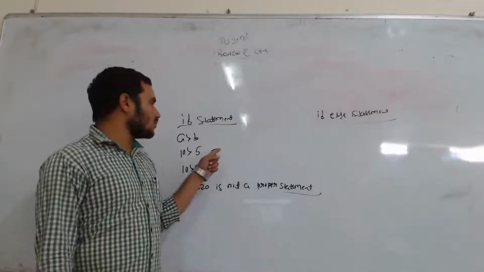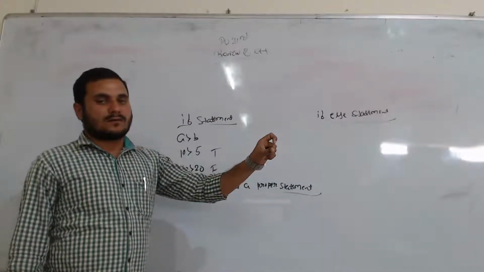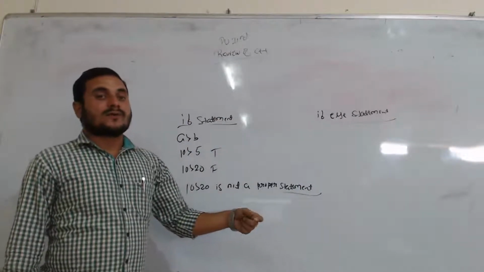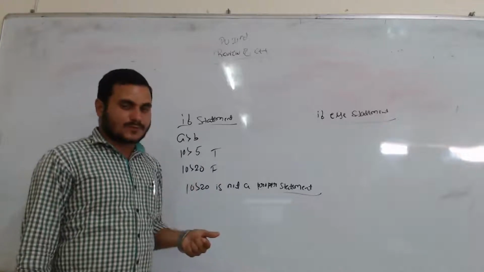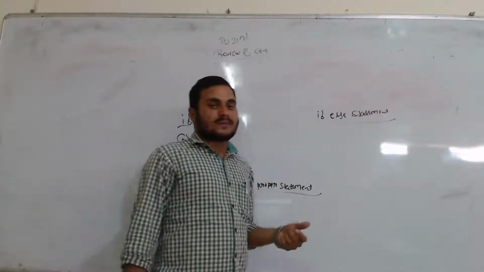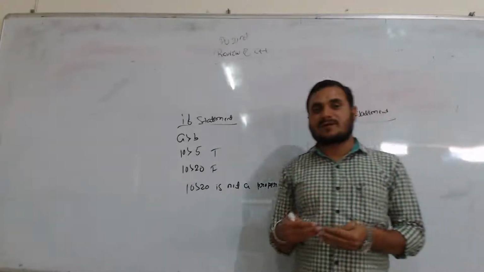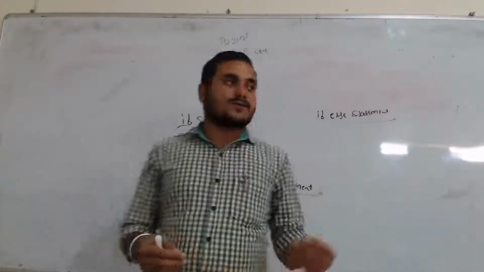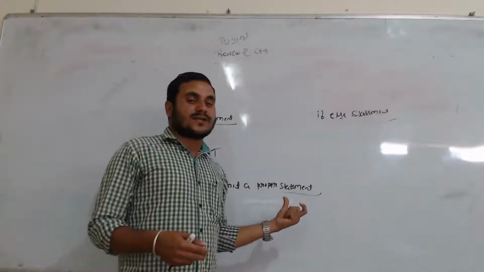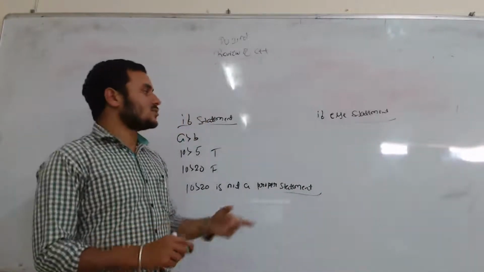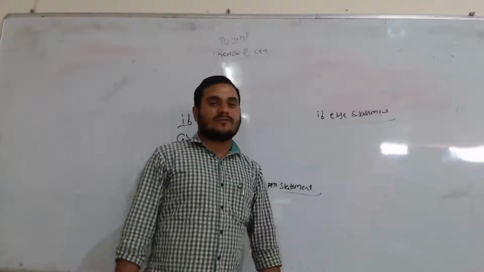If the statement is true, it executes and comes out of the loop. In case the statement is false, it goes to the else part. Else means otherwise. Then the second statement will check the condition, and if it is true, the second statement will be executed.